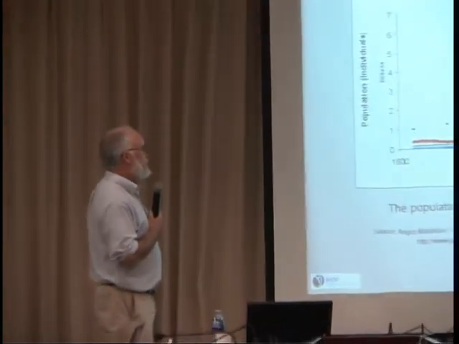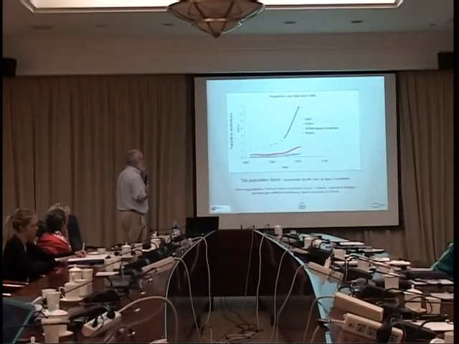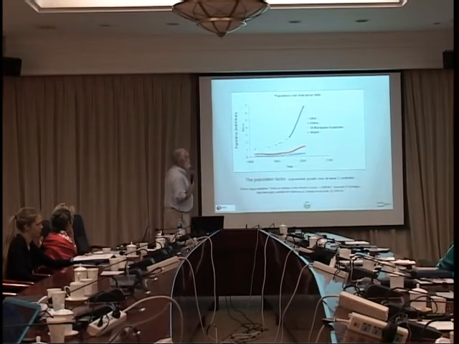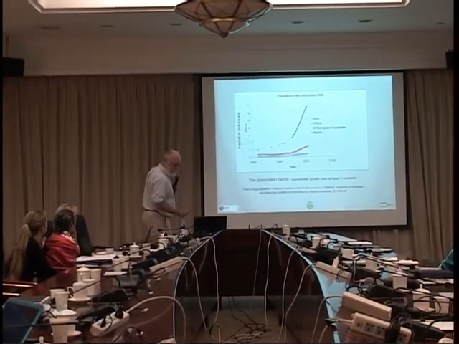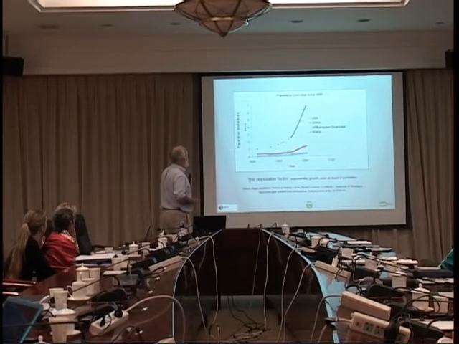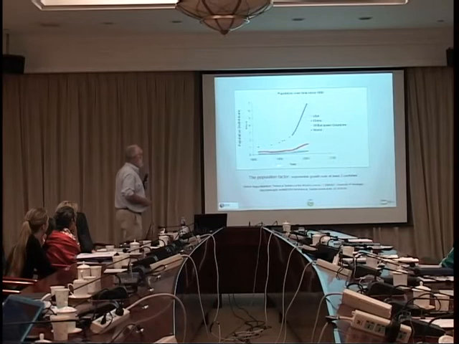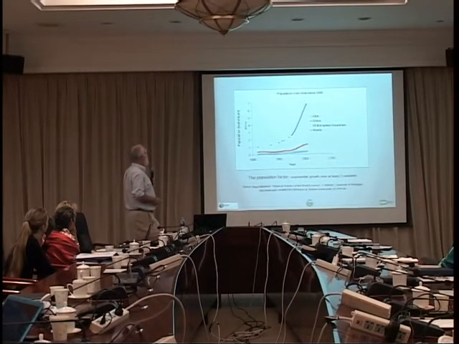I'm going to take you through all three of these factors and just give examples. The first one, population. In this case, I'm showing the change in population over the last 200 years or so. For the globe, in dark blue, China in red, the European countries, 30 of them, in green, and the US in lighter blue.